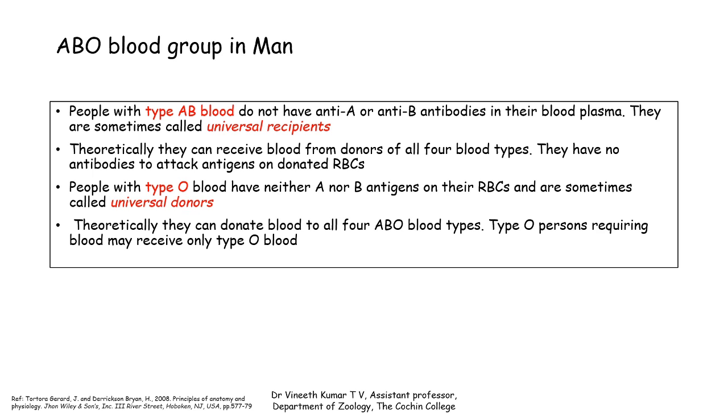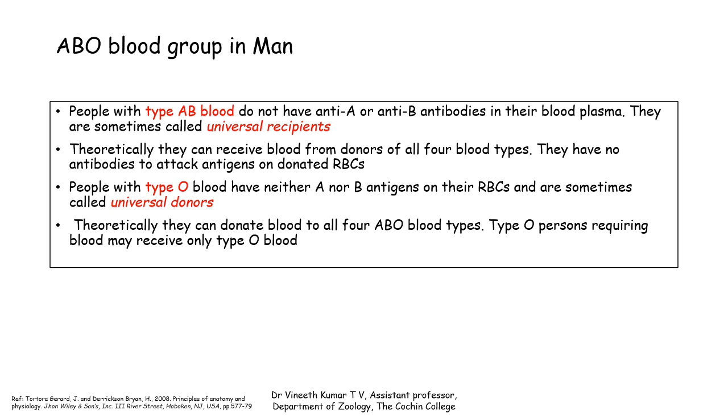People with O blood have neither A nor B antigens on their RBC, and are sometimes called universal donors. Because there are no antigens on their cells, they are called universal donors, and the reason is the same as suggested before. They have only the antibodies, and when these are transfused into a recipient's blood, whatever the blood might be, the antibodies become so diluted that they do not attack the recipient RBC.